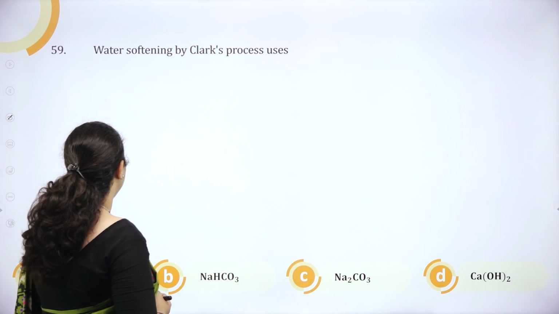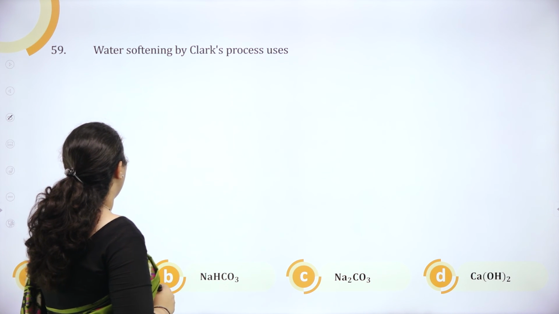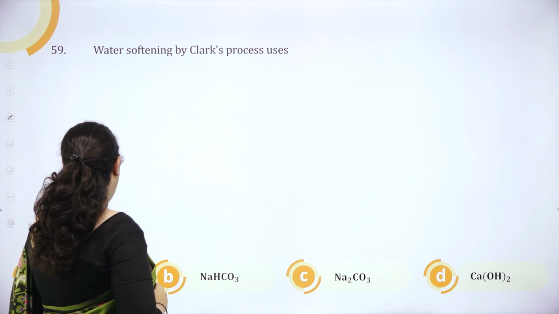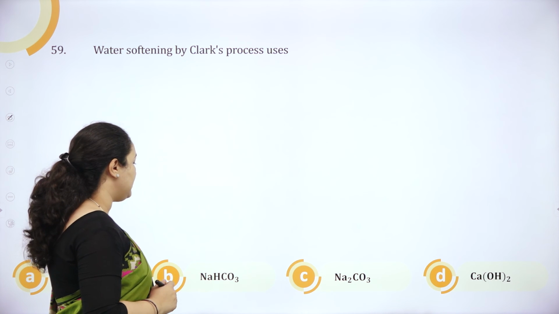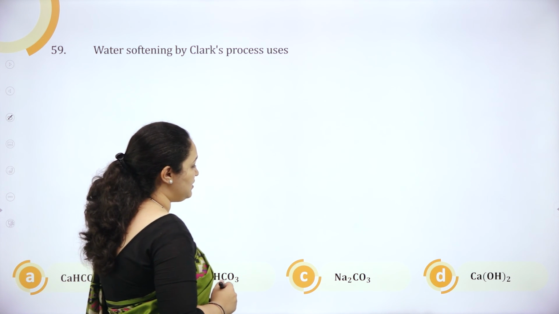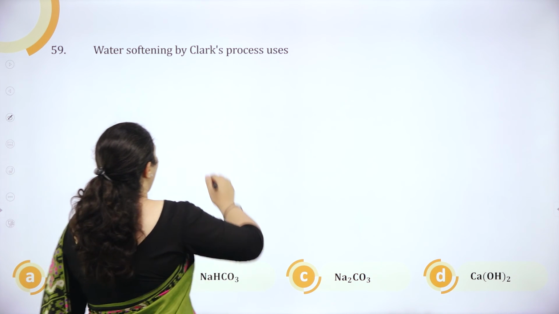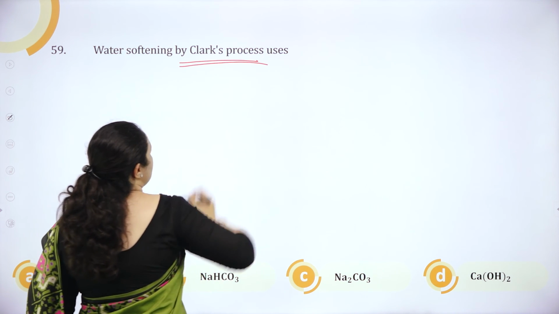Next question. Water softening by Clark's process uses Ca(HCO3)2, NaHCO3, Na2CO3 and Ca(OH)2. In Clark's process, what is it we are using?